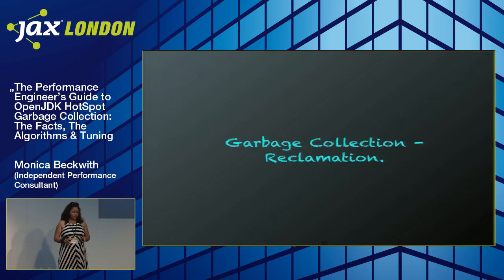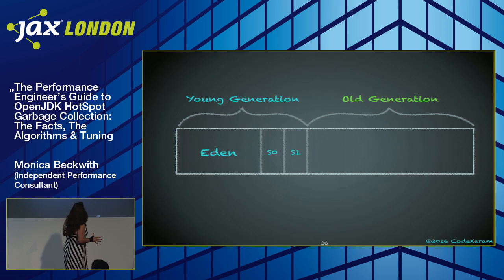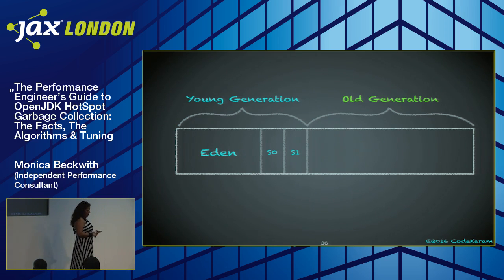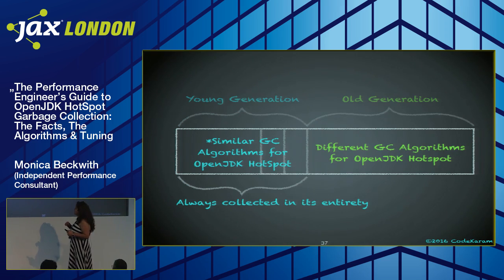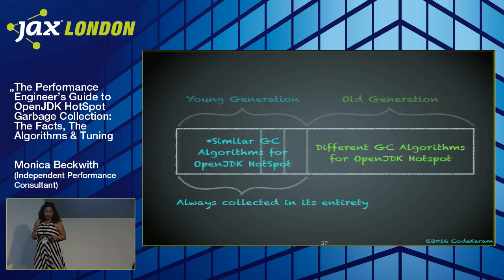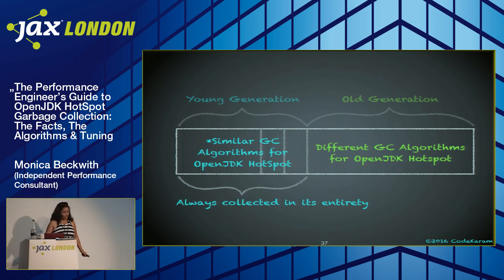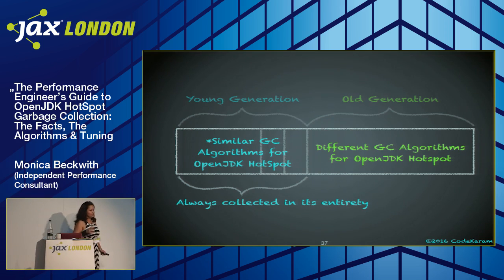Now let's look at reclamation, because we started talking about reclamation already. So we have the young generation. The survivor spaces are also known as S0 or S1, and they're also known as to space and from space. Same terminology, okay? Now, in OpenJDK HotSpot, the young collection algorithms are similar, and the young generation is always collected in its entirety.